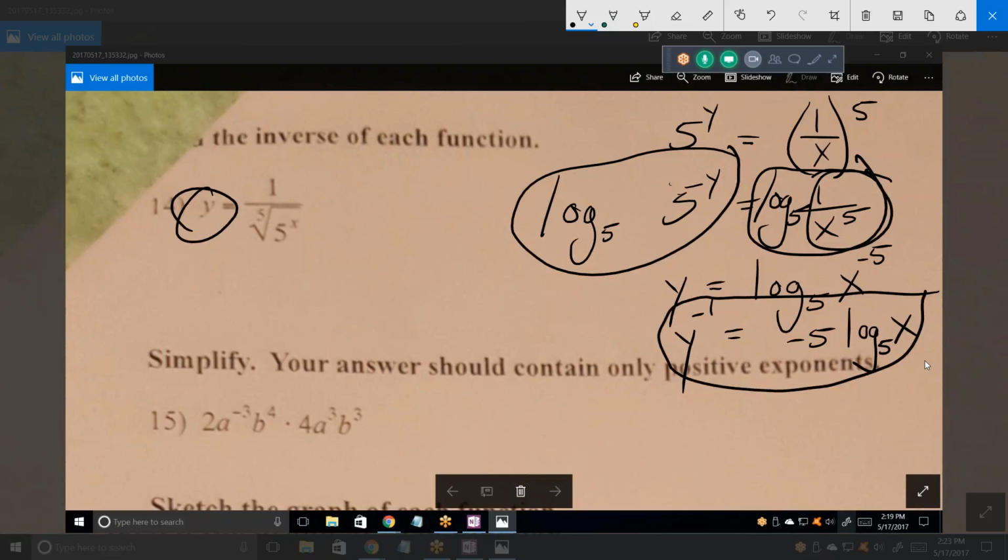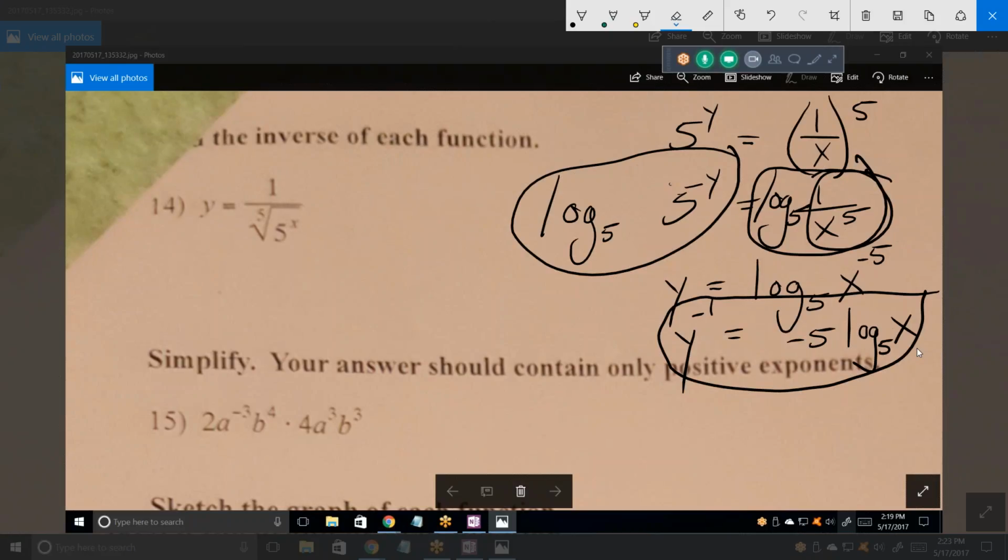So when you learn that the two steps are switch the variables and solve for y, when you find an answer for y, you really have solved for y inverse, not y. Okay. Now, I don't think I can do much to that in terms of simplifying it.